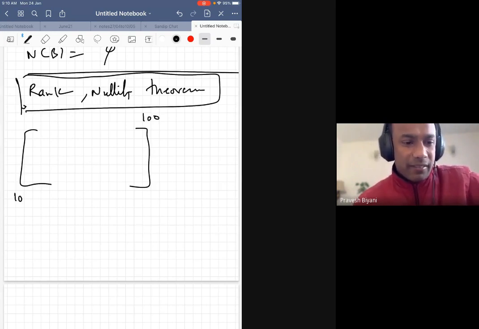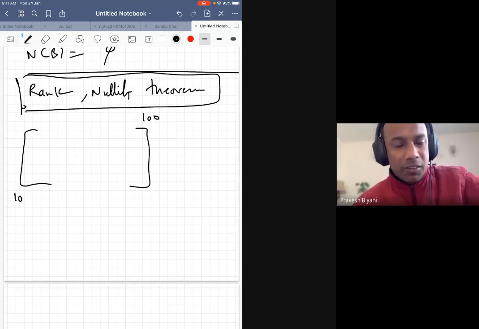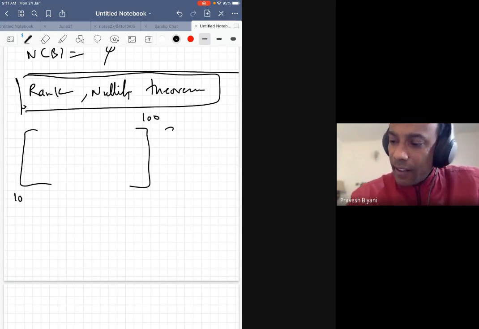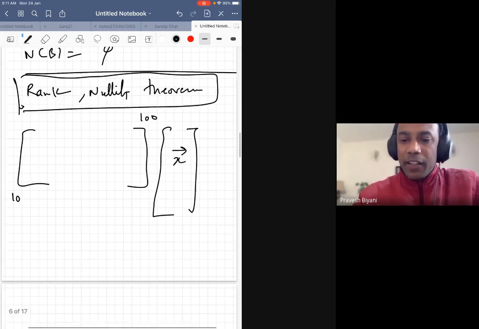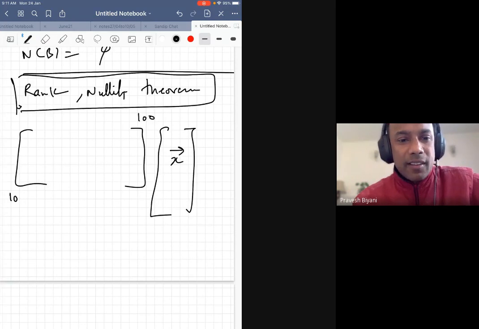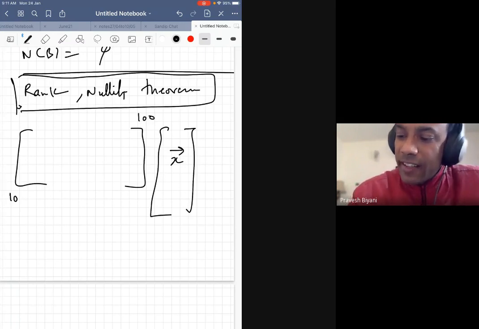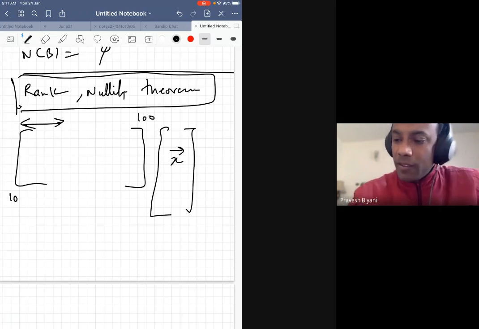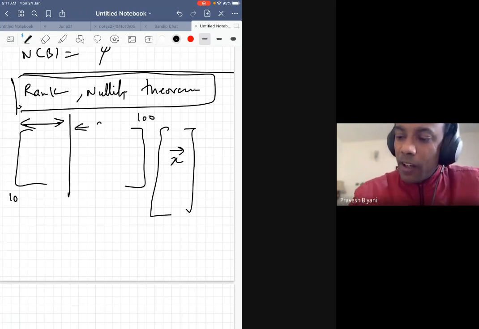So what does that mean? Because you can represent the remaining 90 by a linear combination of the 10, it means there are so many possible vectors x that you can use to linearly combine these columns and get a 0, isn't it? Let's say the first 10 columns are the linearly independent columns, and the remaining 90 columns are dependent columns.